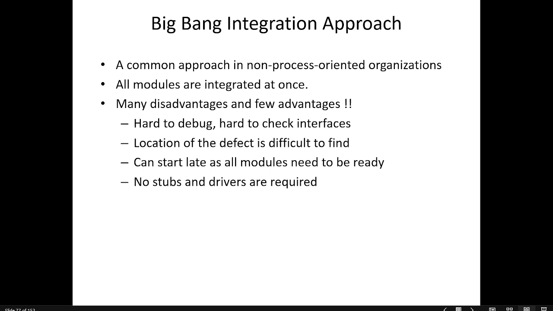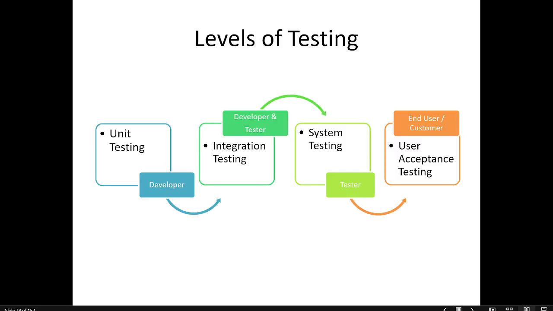Location of the defect is difficult to find. It can start late as all the modules need to be ready. No stubs and drivers are required, but I don't think this is an advantage because the weight is more on the disadvantages.